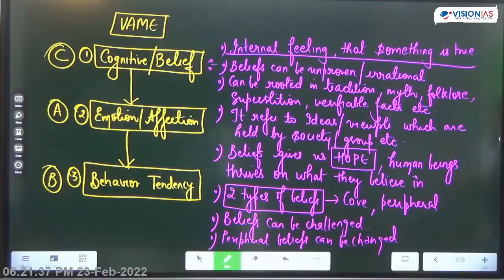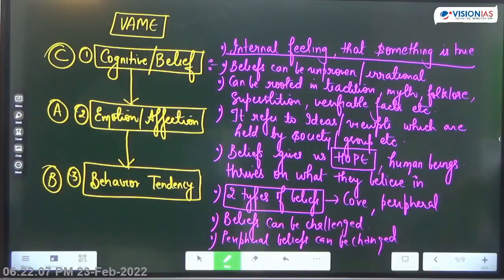We thrive on what we believe in. It gives us hope that ab to achhe din aayenge. So it's a very good thing. One should believe because it is the beliefs which give you hope, which enable you to sustain yourself. मैंने 3 साल तक ये belief रखा था, अब clear होगा, अब clear होगा. That was the hope which I had, right?